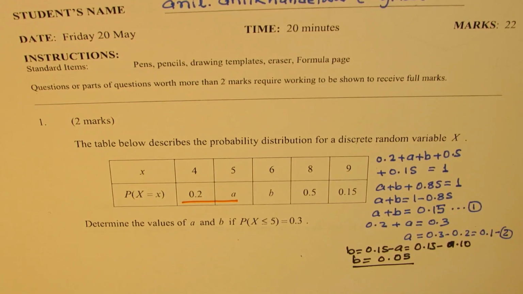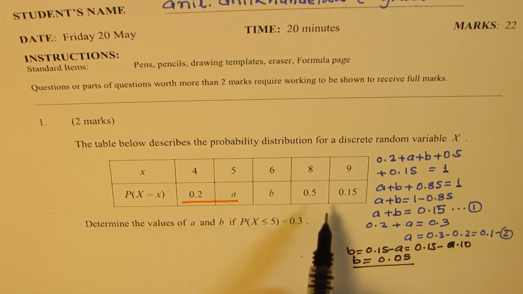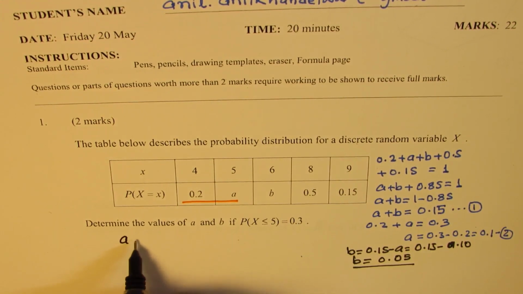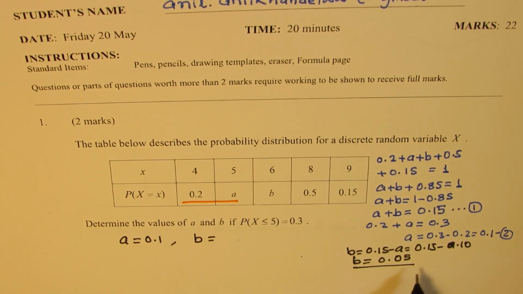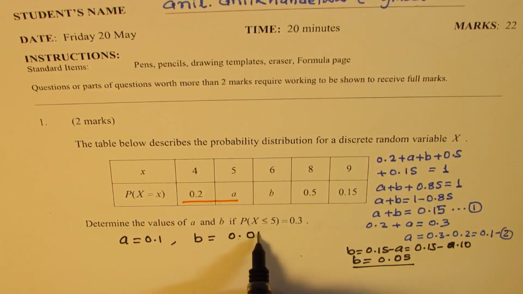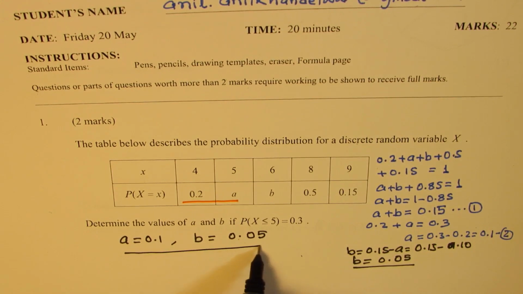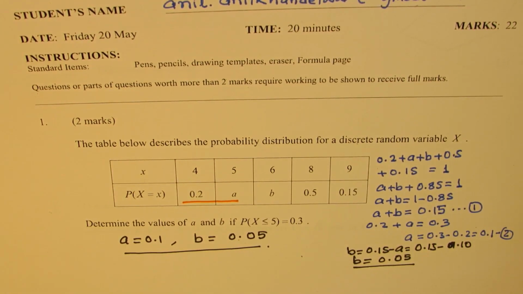Is that clear? So we get both values: a is equal to 0.1 and b is equal to 0.05. Is that clear to you? So that is how we are going to solve this particular question.